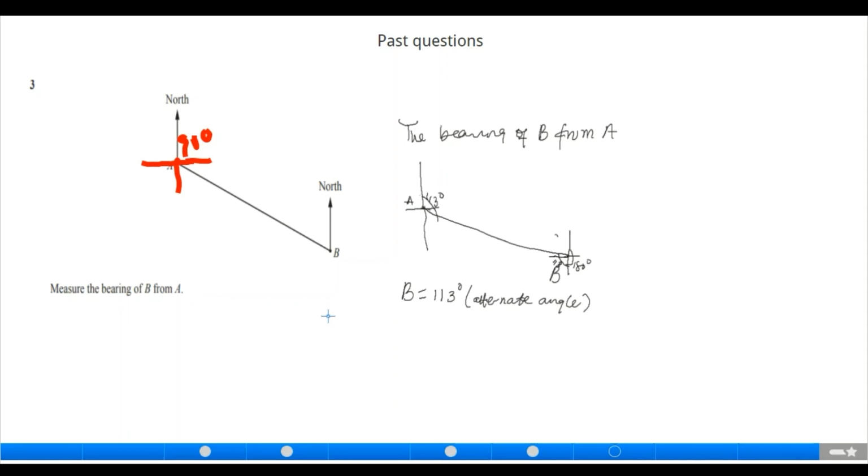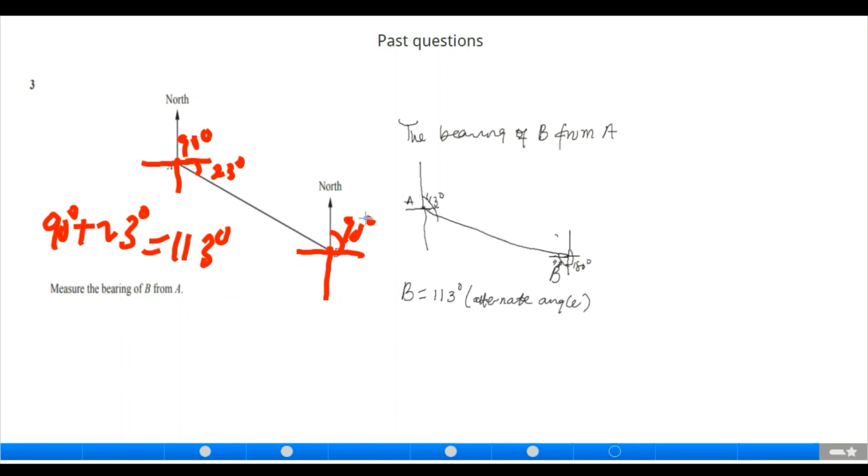So if you have 90 degrees on that point, we estimated using our compass that this point from here to here is going to be 23 degrees. By the time you add 90 degrees plus 23 degrees together, we have 113 degrees. If this side is 113, let's read our B, because what we need is the bearing of B from A. Remember, we have made mention of alternate angles.